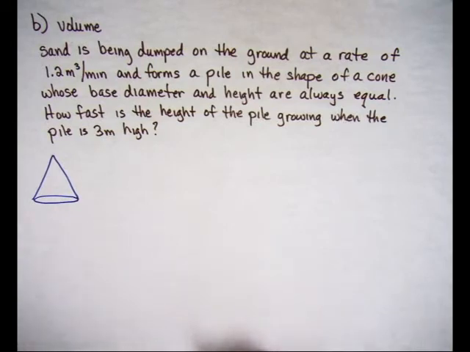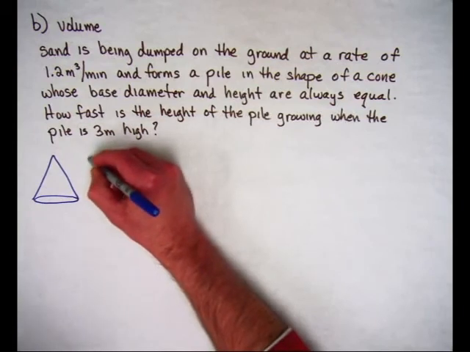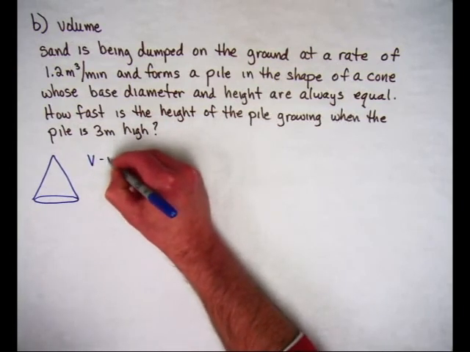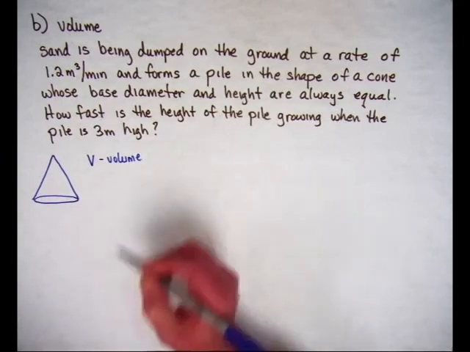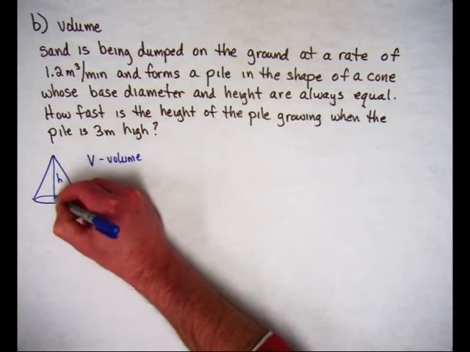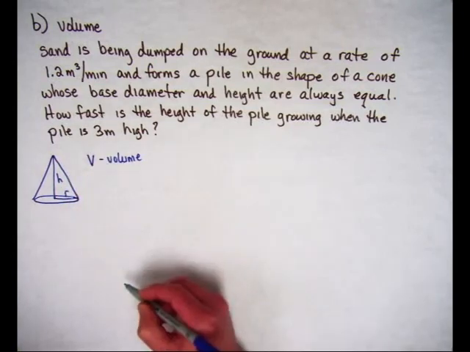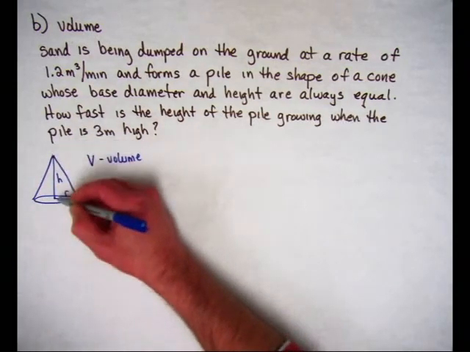The variables that are changing, when you have a cone, there's 3 things that are changing here. Obviously, the volume V is changing. And the other 2 quantities that are involved in a cone are its height, h, and the radius, r. As more sand falls onto the pile, the height of the cone is going to increase, and so is the radius.